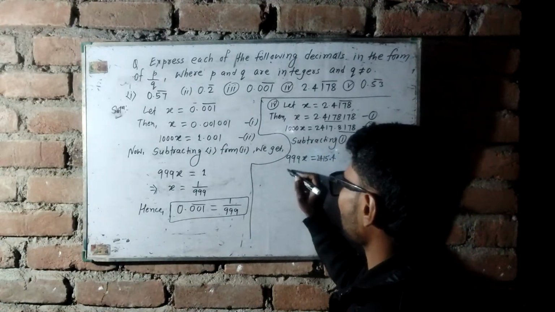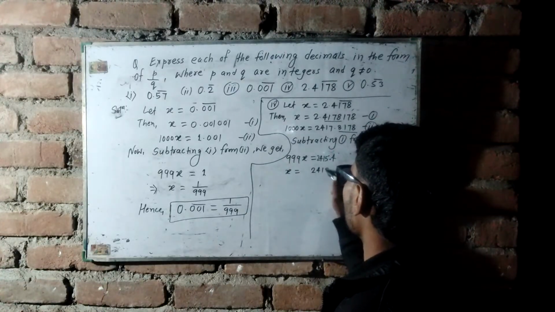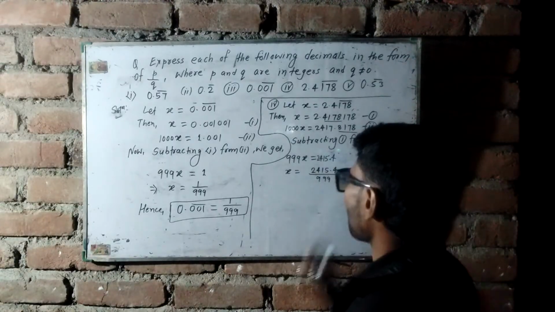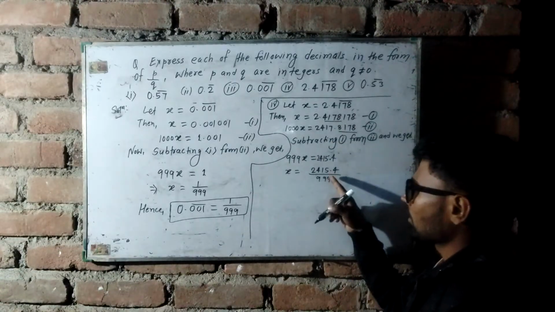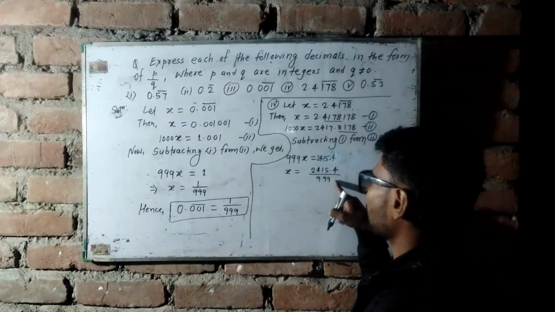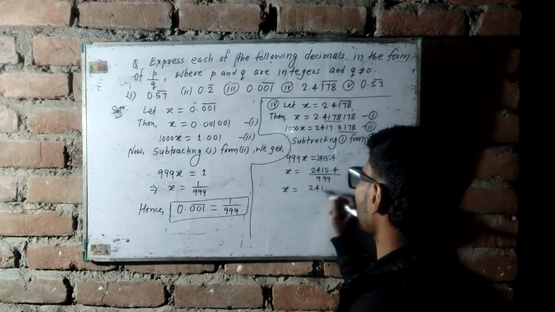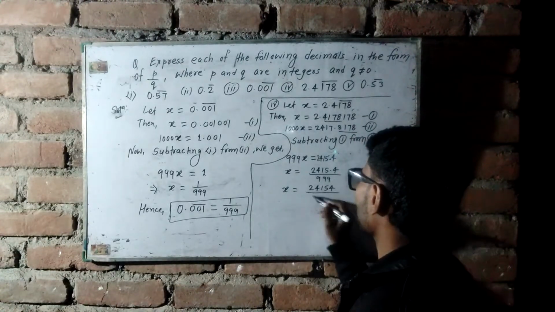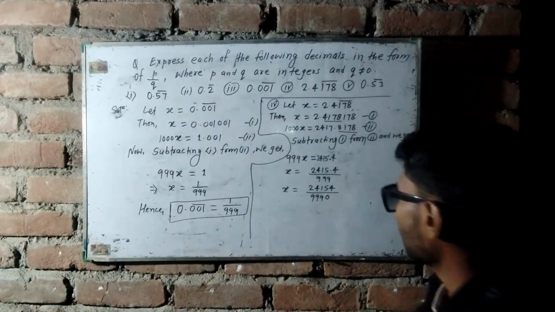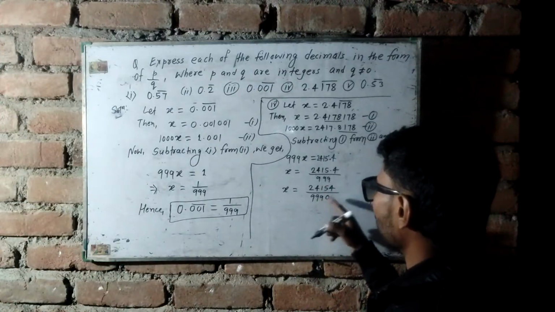So now we can write x is equal to 2415.4 upon 999. Now to remove this point, we insert 10 in the denominator and we can write x is equal to 24154 upon 9990. You can cancel this by 2.